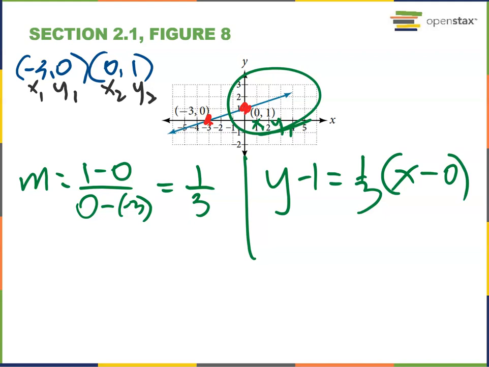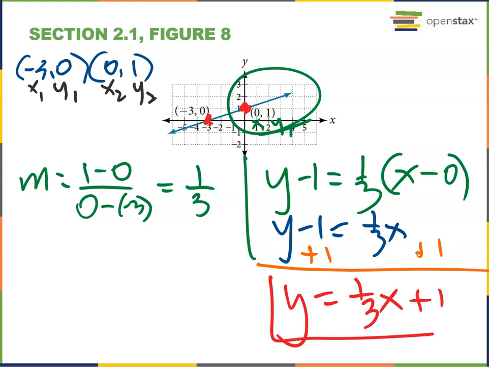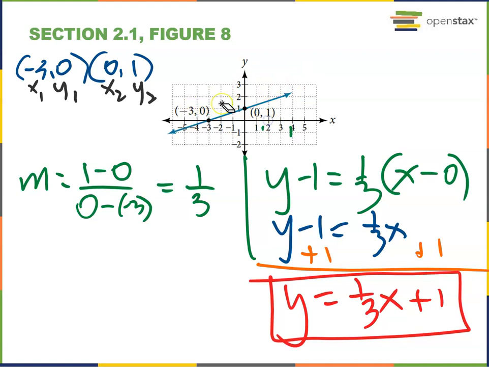So distribute: y minus 1 equals 1/3 x minus 0, and then add 1 to both sides. So you'll have y equals 1/3 x plus 1. And this is the equation of this graph here. Okay?